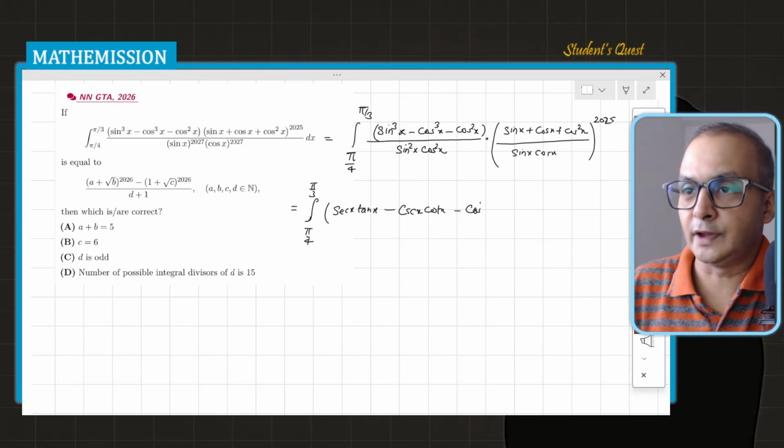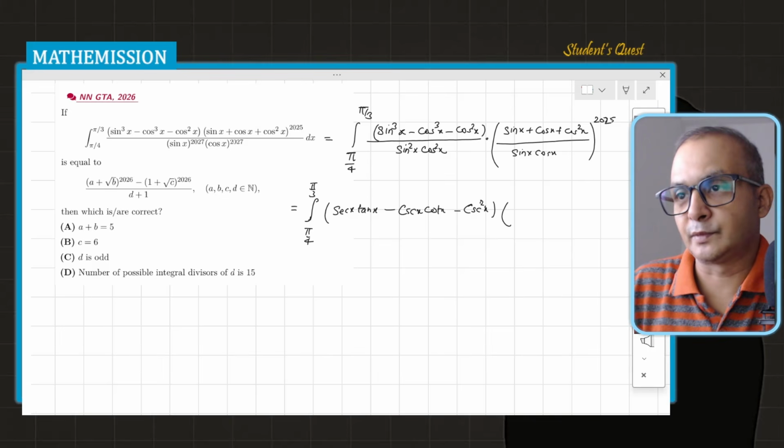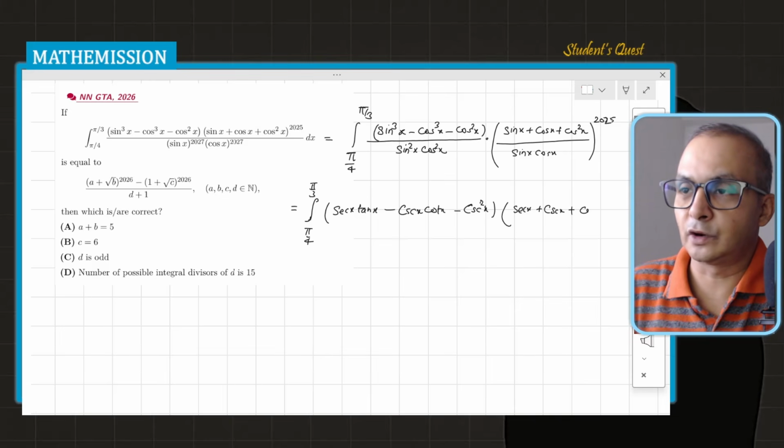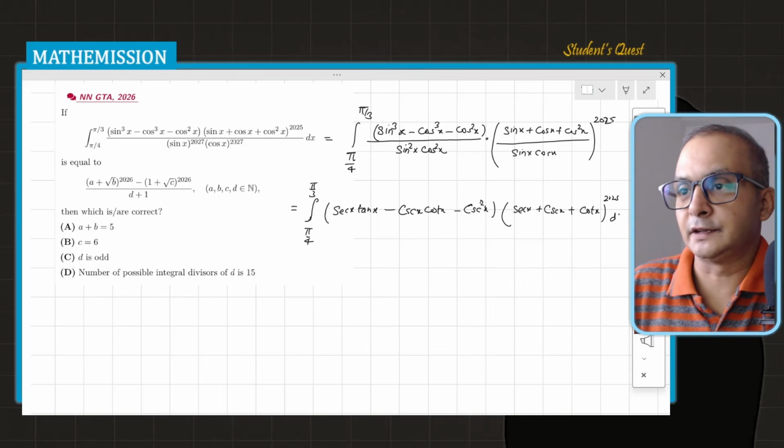cosecant square x, so cosecant square x, and here again we can separate it, so it will become sec x, then cosecant x, means this one, and again this one, cos will cancel, so we get cos by sine, that is cot x, and the power is 2025 and then dx.